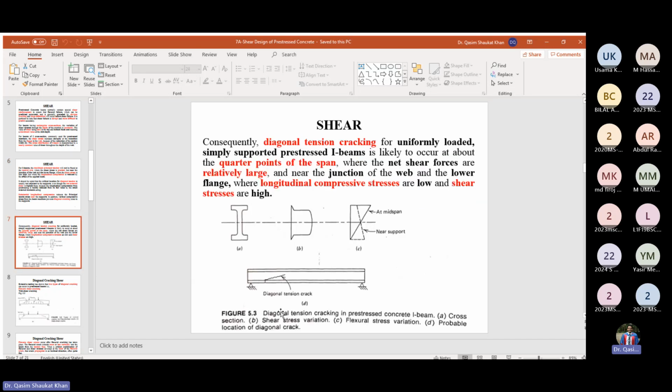So your diagonal tension crack is approximately 1/4 of the span, so from the face of the support.